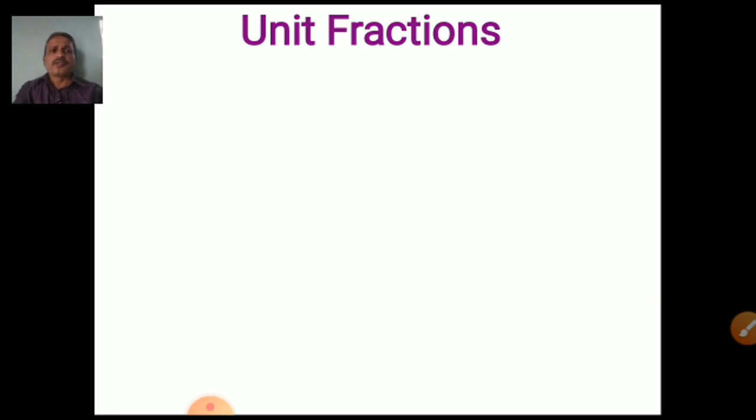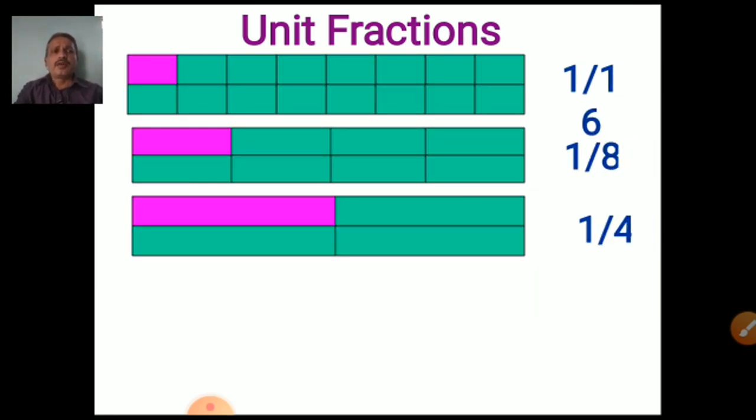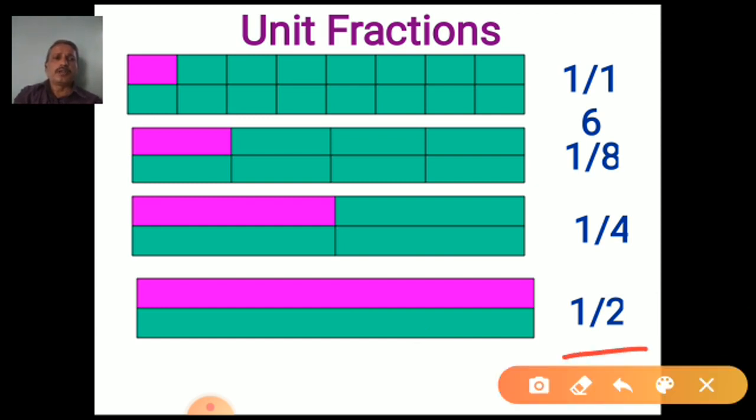Unit fraction, simple one. Unit fraction, whatever the numbers given, we have to take only one part. See here, 2 parts are divided and 1 is selected, that means 1 upon 2. Here 4 parts, 1 part is selected. Here 8 parts, 1 part is selected. Here 6 parts and here 8 parts. So here you can get confused.